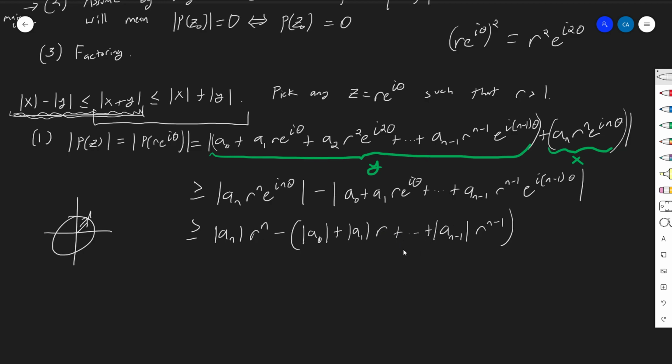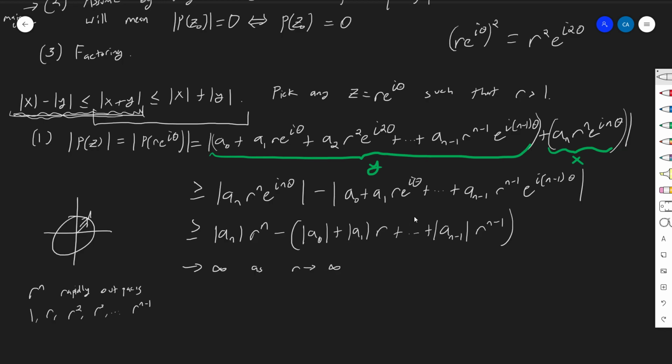So r to the n rapidly outpaces r squared, r cubed, all the way up to r to the n minus 1, and 1, of course. And so it outpaces all of these, and it goes to infinity as r goes to infinity.